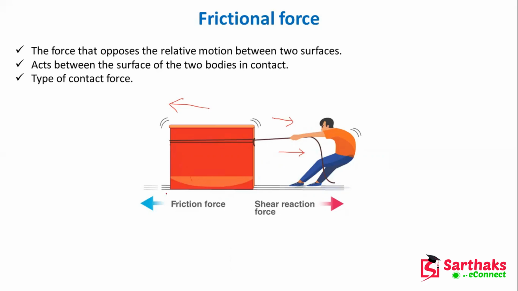And this track also offers some friction, and due to this frictional force, these two are in contact, the bottom surface of this block and this track. So in between these two we have the contact, and this is contact force. But here we are saying that yes, this is the frictional force which resists the block to move towards the man's side. Okay, so this is the frictional force.